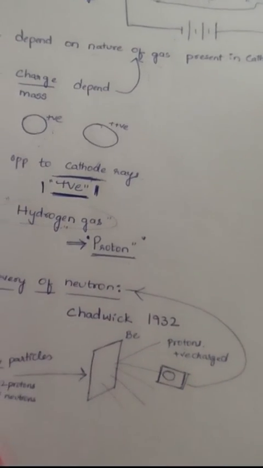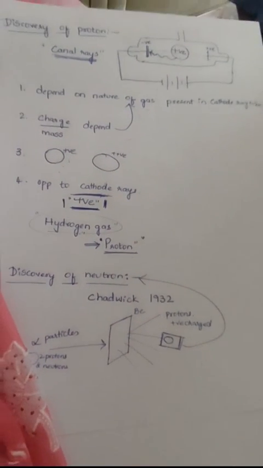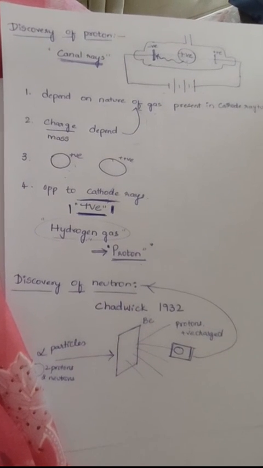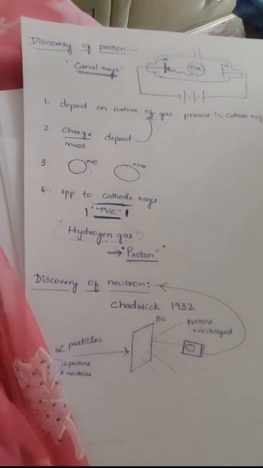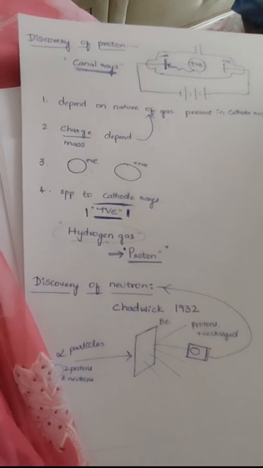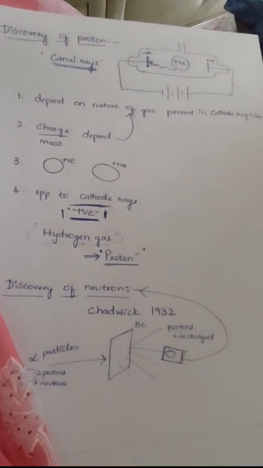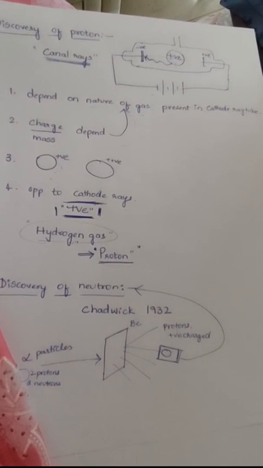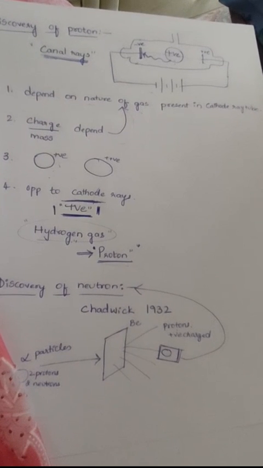This is the discovery of neutron. So by the end of the 19th century and the start of the 20th century, scientists discovered proton, neutron and electron.